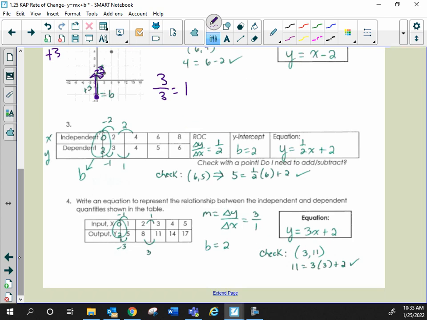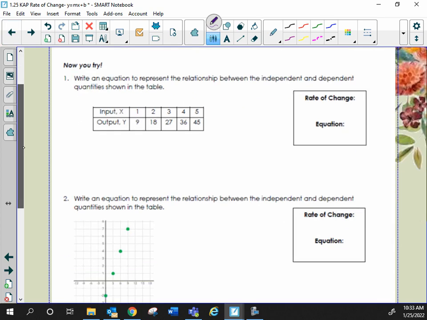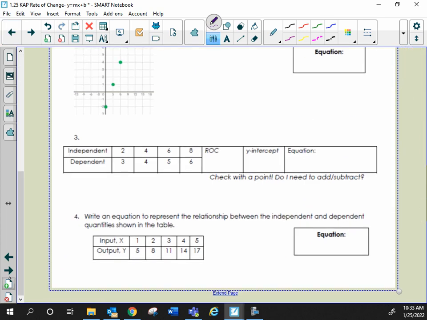Next one, 1/2 x plus 2, and then 3x plus 2. Again, I'll do this with a blank one real quick. I'll show you how to find that y-intercept. I found that the rate of change is +1, +1, +1 for y and +2, +2, +2 for x. My rate of change is the change in y over the change in x, which is 1 over 2. y equals 1/2 x.